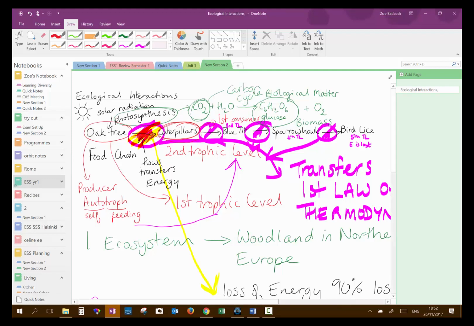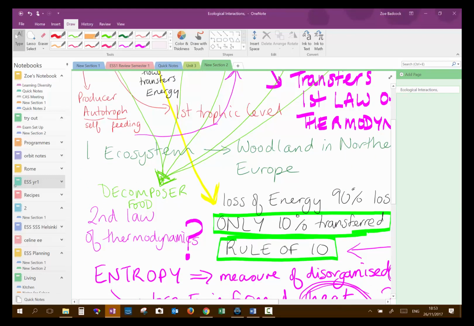And we have them ending up in what's called a decomposer food chain, which is the amazing world of economy in ecological systems, that everything eventually is recycled in some way.